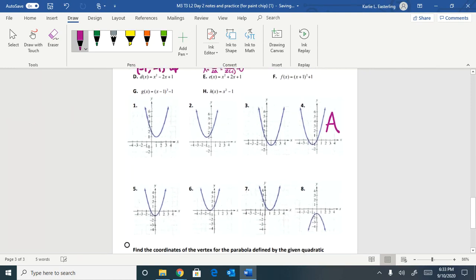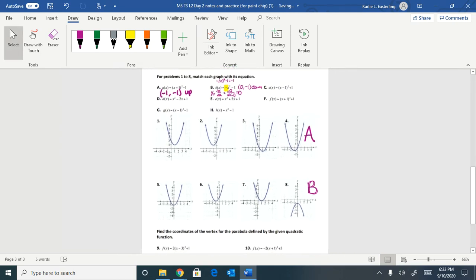We do have it, and it is this number 8 down here. This is some very, very good practice on finding your vertex and determining if your graph is going to open up or down. So go ahead and complete those really fast and submit your answers in there. I will go over your answers here in a second.